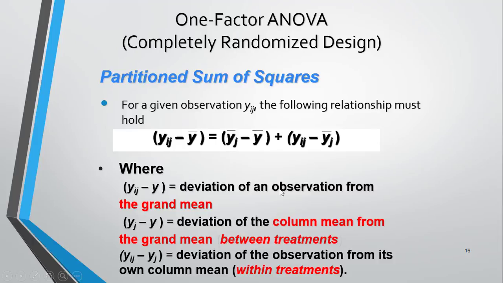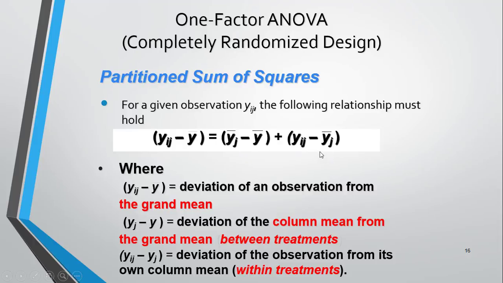Yij minus Y bar is the deviation of each and every observation from the grand mean. And this one here, sorry, I'm missing the bars here because of the software, is the deviation of the column mean from the grand mean. We call that between treatment, because this is contributed by the different types of treatments, the different j groups.